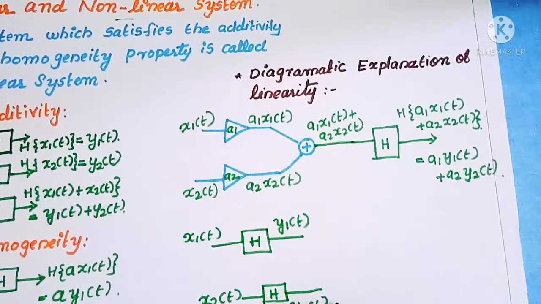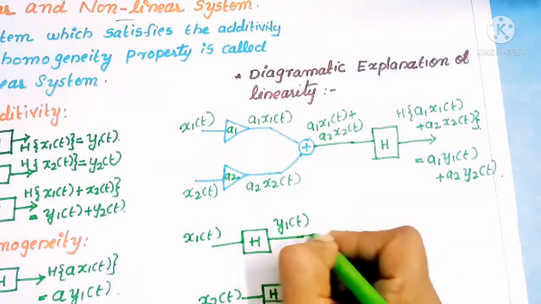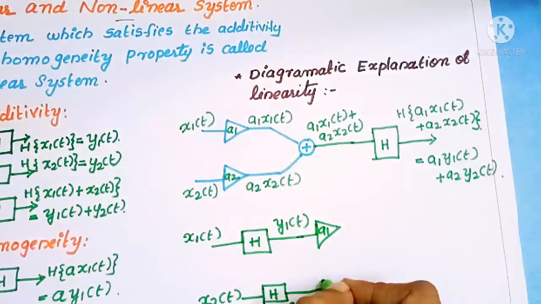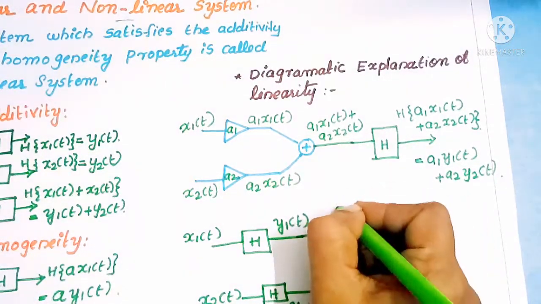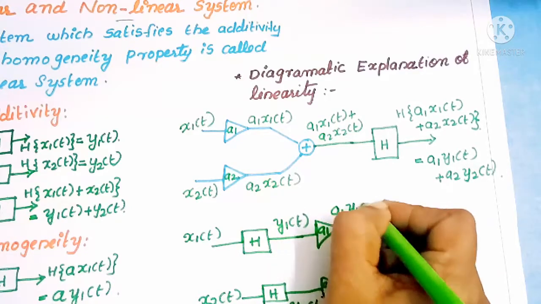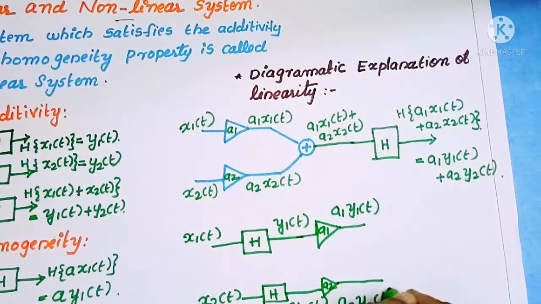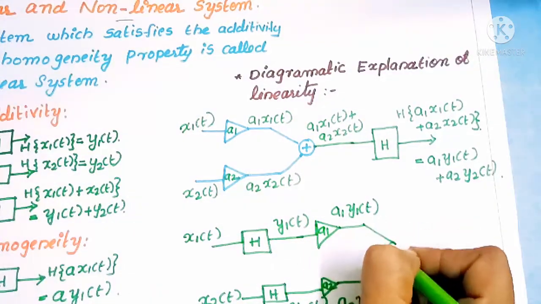Then we go on to apply the scaling operation, a1 and here also a2. What is the output? a1 y1 of t, and here a2 y2 of t. Then we add them together.